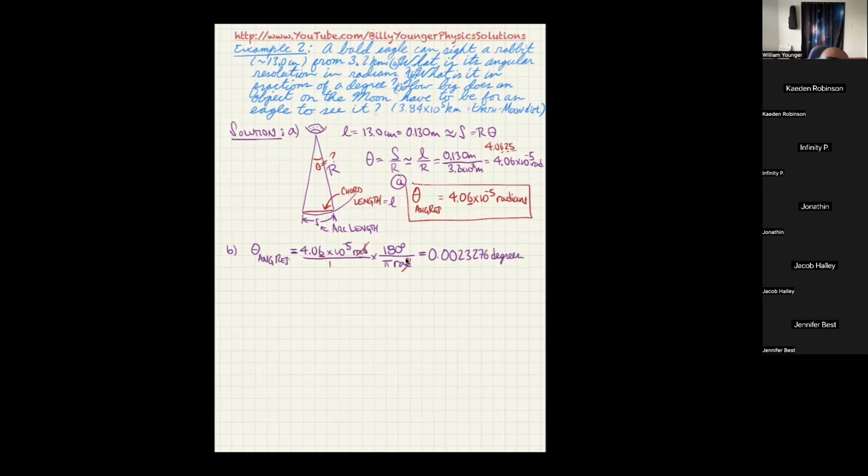Okay, now as we said, it's really only 2 sig figs, so these guys are not sig figs at all. But this degree is not a convenient measure of degrees. In fact, it would be better to put it in arc minutes. So I could say times 1 degree is equal to 60 arc minutes.